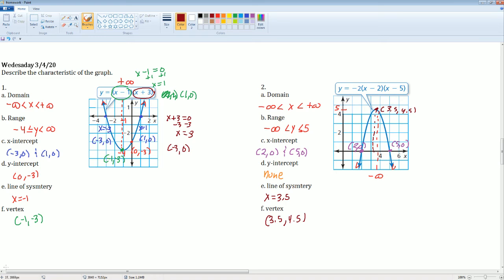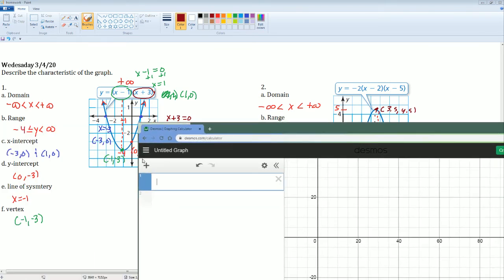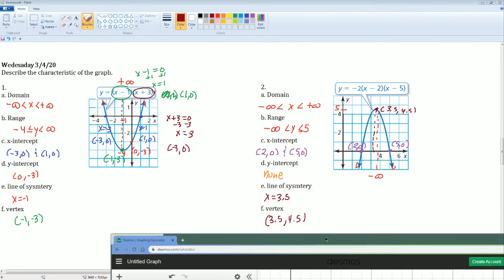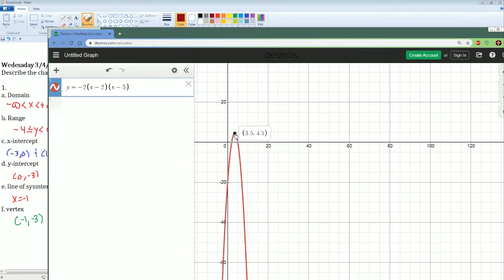Now some of you are like, can you give me a better answer? All you have to do is go to decimals and type in y equals -2(x - 2)(x - 5). Look right there, you see how I could get it in decimals? So my estimation here was correct.